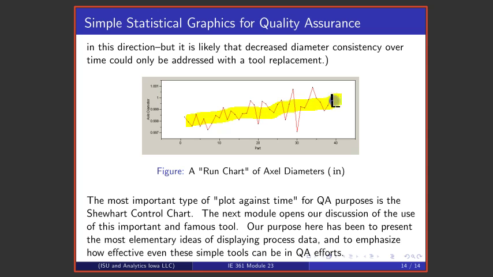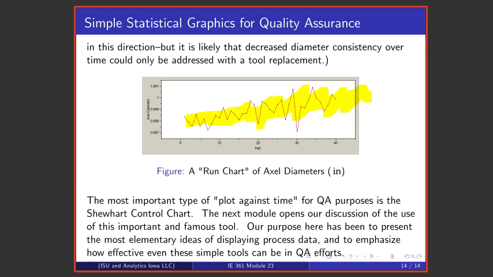Now, the first thing you might see here is that there is an upward trend in those axle diameters. The second thing you might notice is that as we go along here, the variation around that trend seems to get bigger. That's true to the way things work.